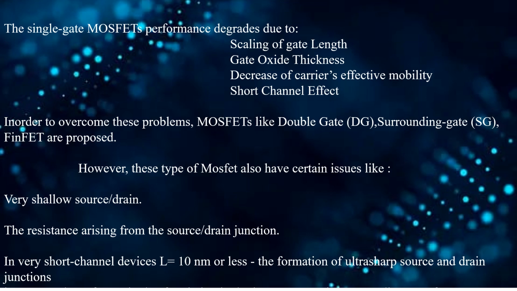For example, the doping must switch from N-type concentration of 1 into 10 power 19 centimeter inverse cube to P-type with a concentration of 1 into 10 power 18 centimeter per cube within a few nanometer distance. This creates a problem in fabrication of the MOSFETs and also the thermal budget increases.